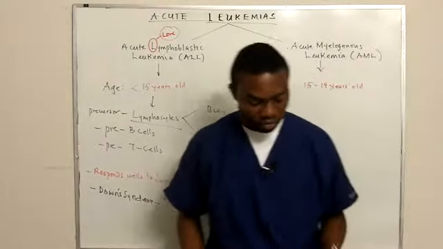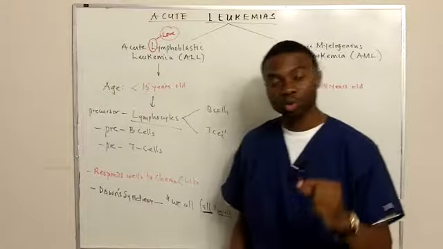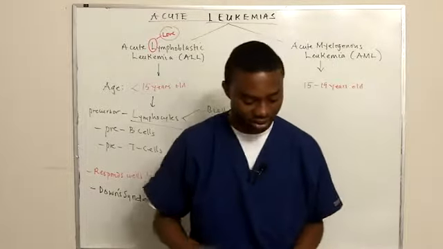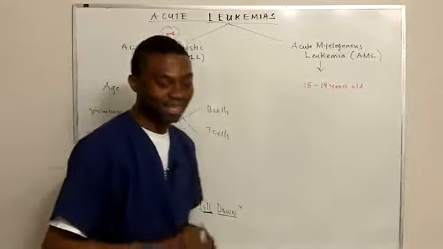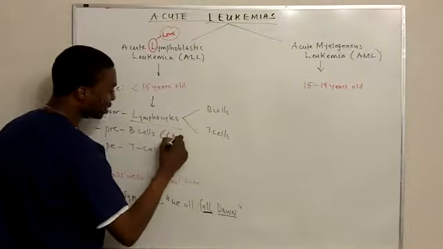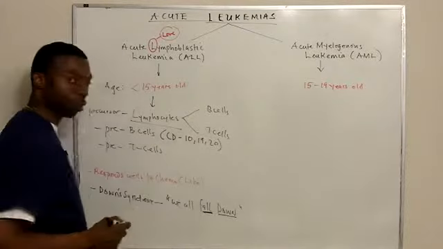Now, remember I told you it affects the pre-B cells? Well, we have to talk about which cluster designations are being affected. For pre-B cells, the cluster designations are 10, 19, and 20. So CD means cluster designation: CD10, CD19, and CD20.